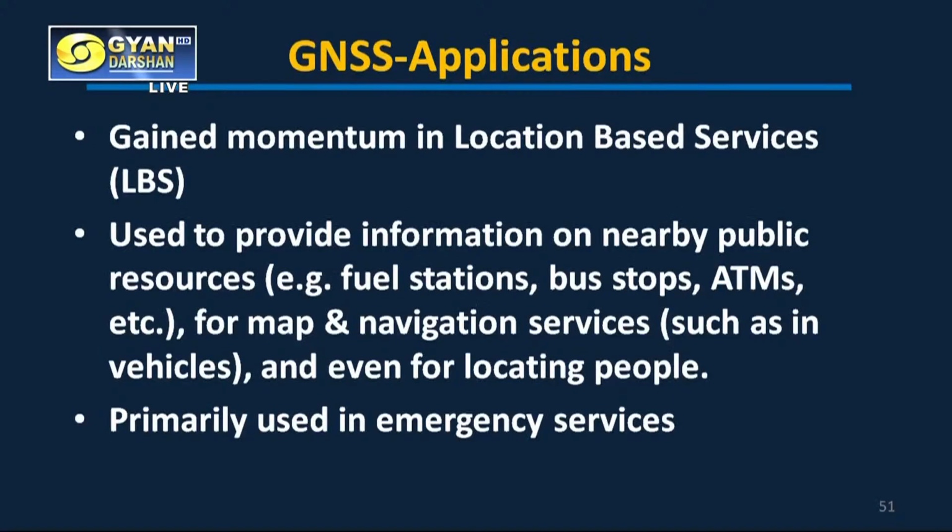So further, we see that LBS, that is location-based services, has gained momentum. It is used to provide information on nearby public resources like fuel stations, bus stops, ATMs, for map and navigation services such as in vehicles, and even for locating people. Primarily, they are used in emergency services.